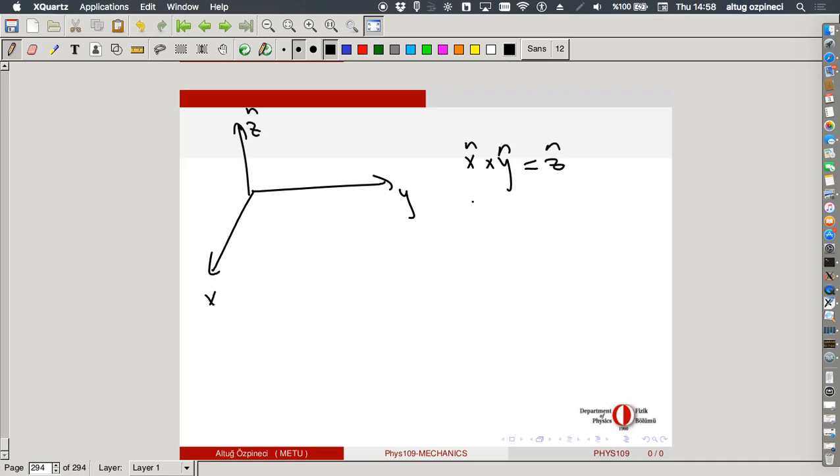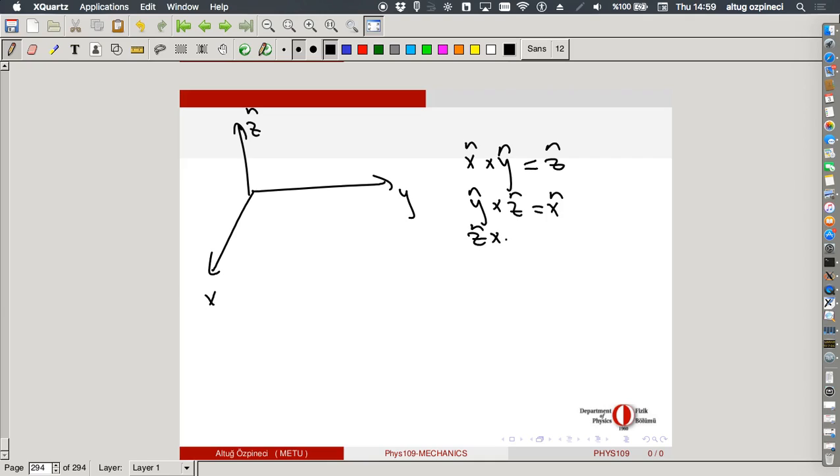So that is the z direction. And similarly, if you just calculate y cross z, okay, this is y, this is z. If you want to calculate y cross z, just imagine this y hat rotating towards the z hat. This is the rotation. So by the right-hand rule, this is the x direction.